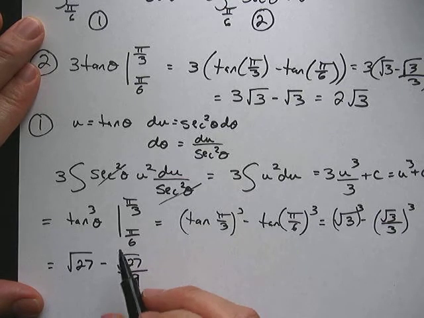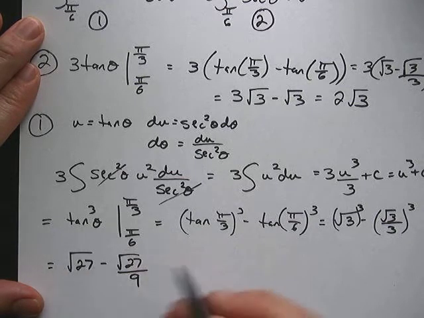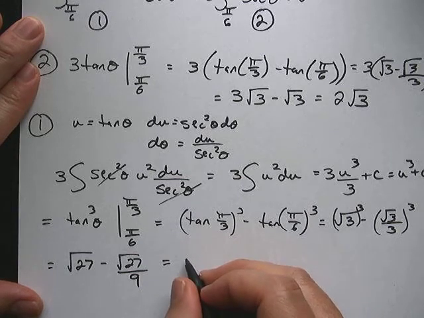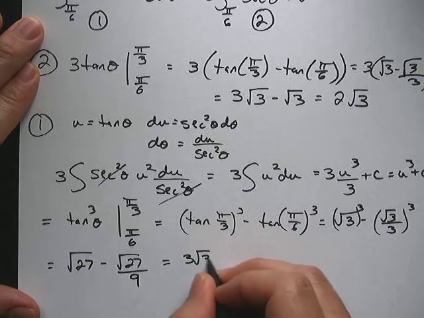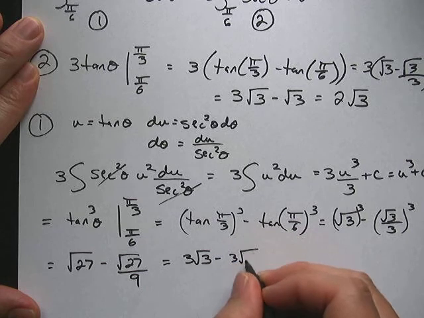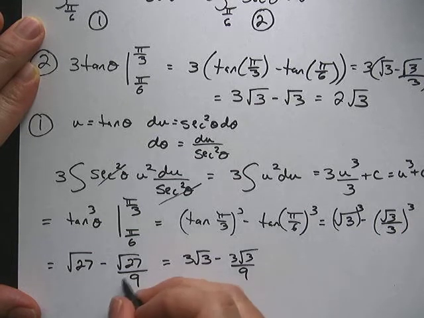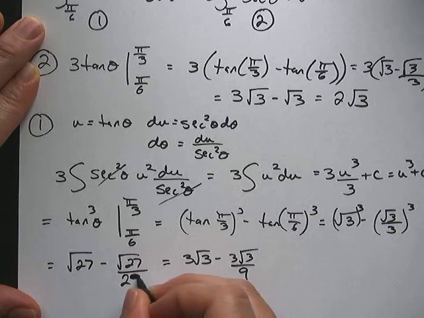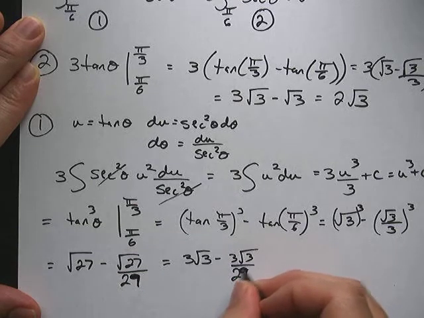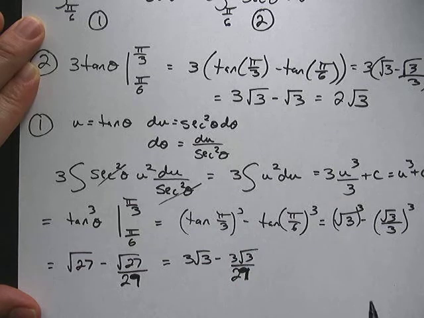You can take a square root of 9 out and leave the 3 on the inside, so it becomes 3 root 3 minus 3 root 3 over 9. Oh, excuse me, that's not over 9, that's over 27. Sorry about that mistake there. 3 cubed is not 9, it's 27. Okay, so this is a 27, and this is a 27. Sorry about that.